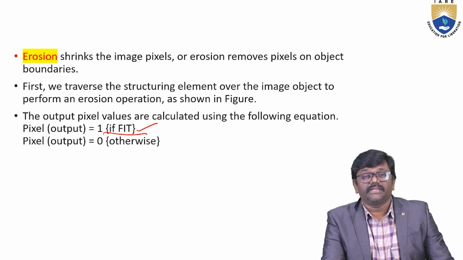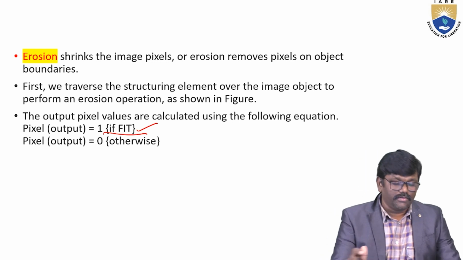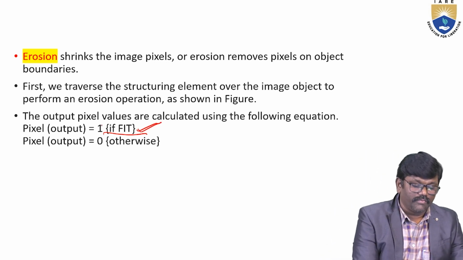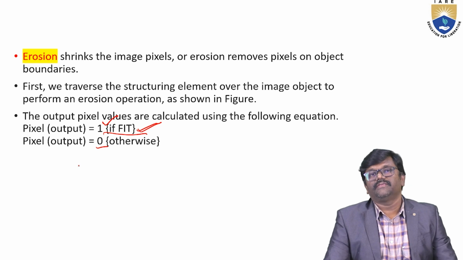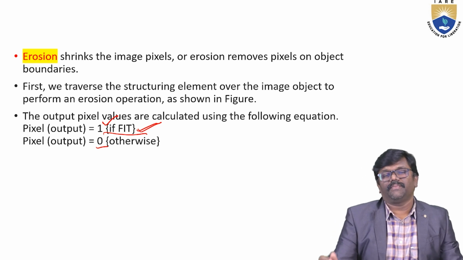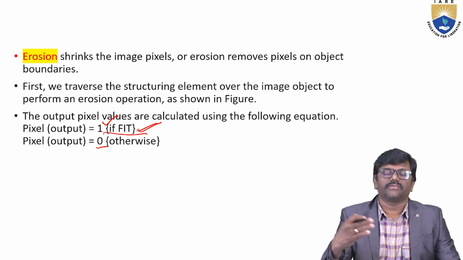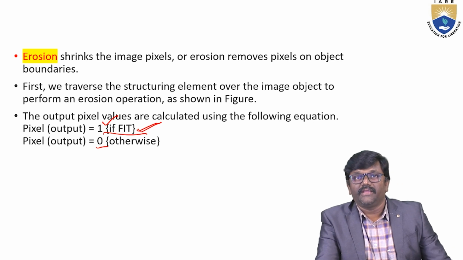So your fit operation is here. If the fit operation is satisfied, the output is 1. Otherwise, if your fit value is not 1, then your output will become 0. So the fit value is important here. The mathematical equation which we are going to define for that, we can see later on.